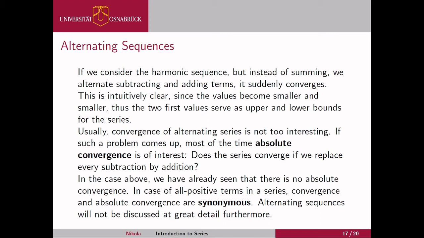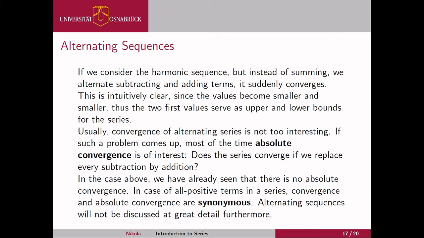Oftentimes, when having alternating sequences, we are interested in absolute convergence. So oftentimes the problems which arise with alternating sequences also include taking the absolute value of every term and basically treating it as an all positive sequence.